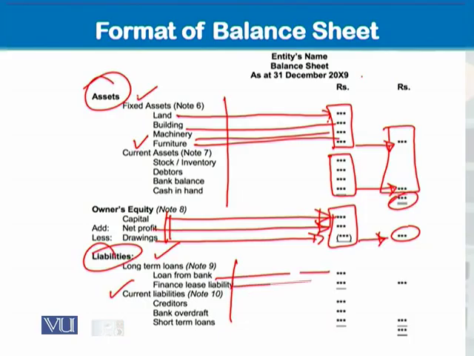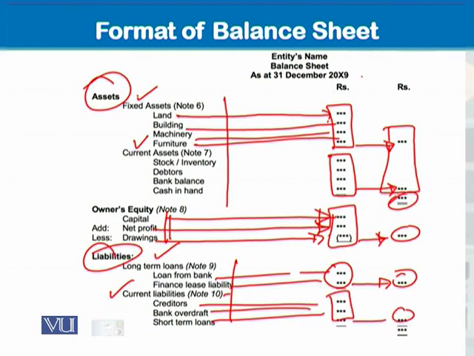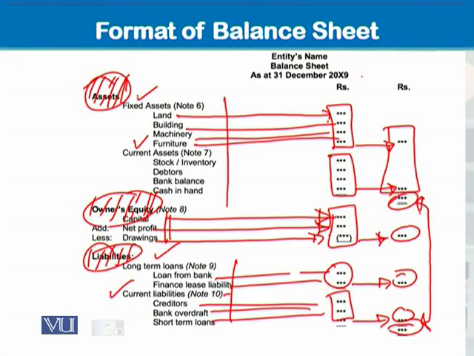Then these are the long-term loans, long-term liabilities, and these are the current liabilities, and their figure comes out. So these two figures would always be equal, since assets are equal to owner's equity plus liabilities. Very well.